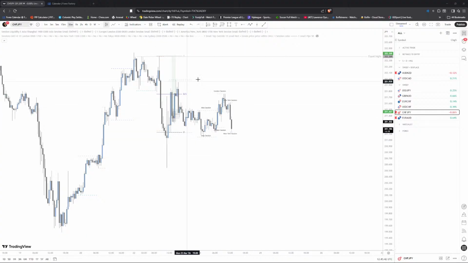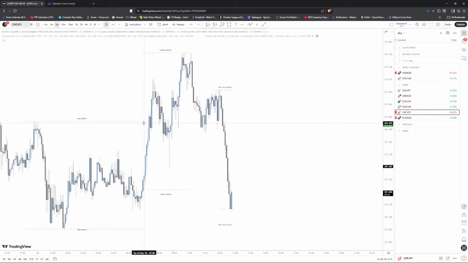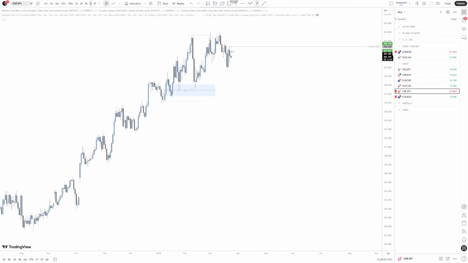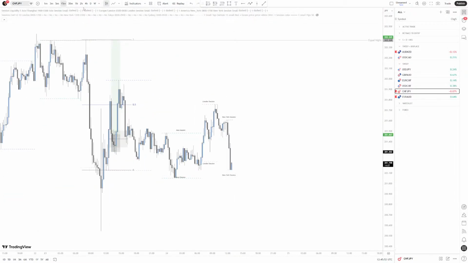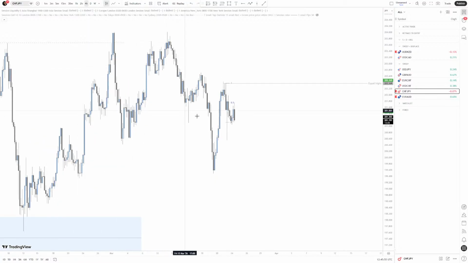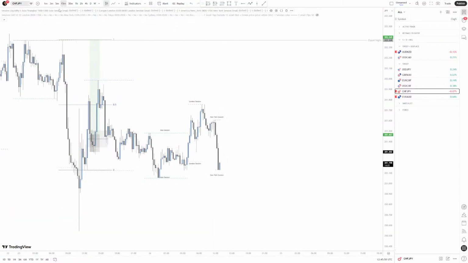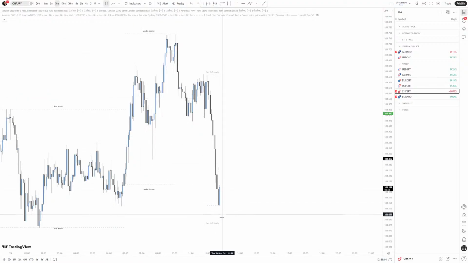So your London lows have been taken here, and we are overall bullish. So I wouldn't be opposed to buys. We are in the short term bearish on the 4-hourly. This is a strong displacement downwards. So we'll need a strong displacement upwards.